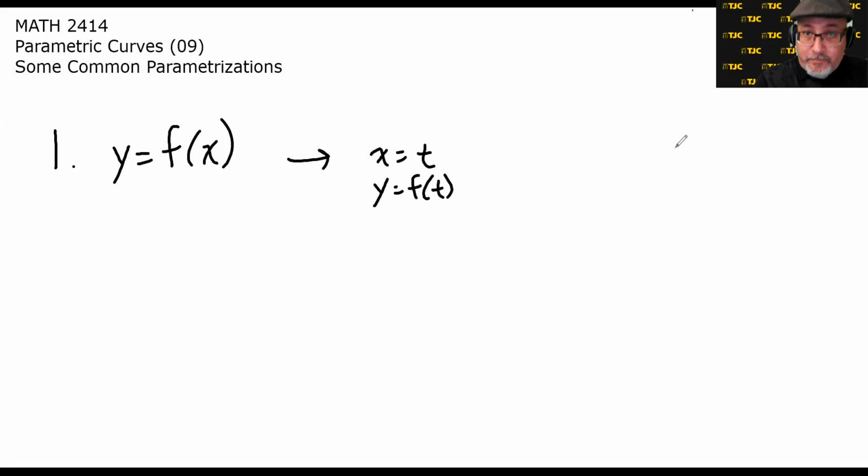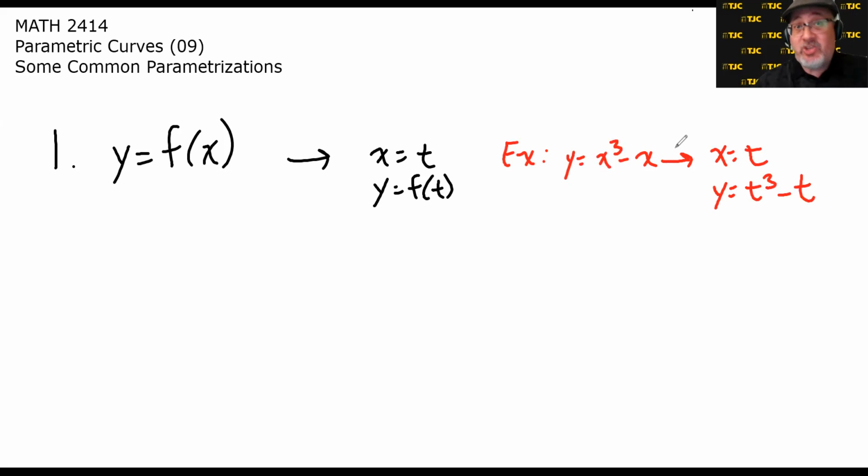For example, let's say you wanted to parameterize y equals x cubed minus x. Then you could just say x equals t and y equals t cubed minus t. Literally just switching out x with t. This is why it's called a trivial parameterization. Really what you're doing is treating x as the parameter, but saying x equals x looks a little silly.